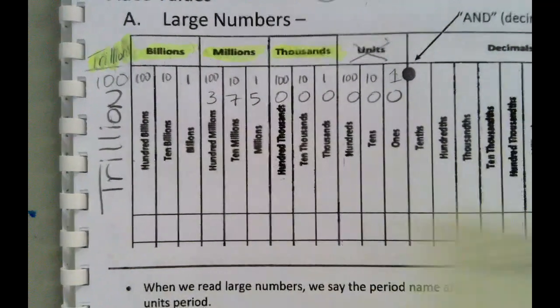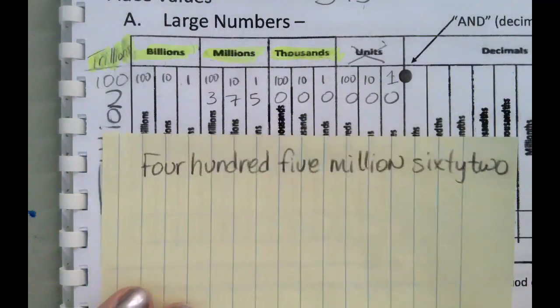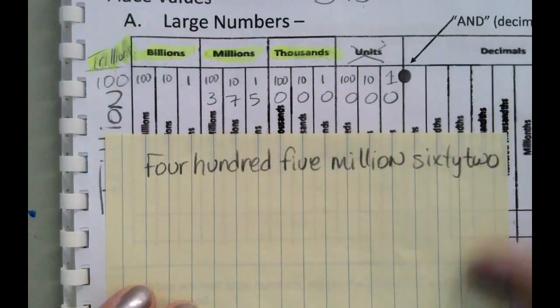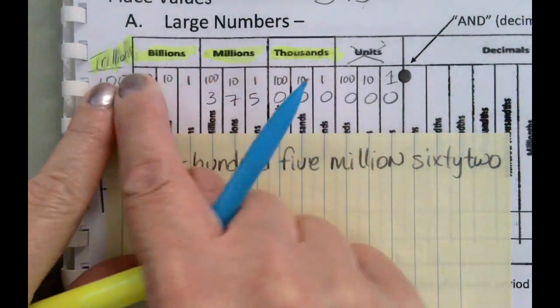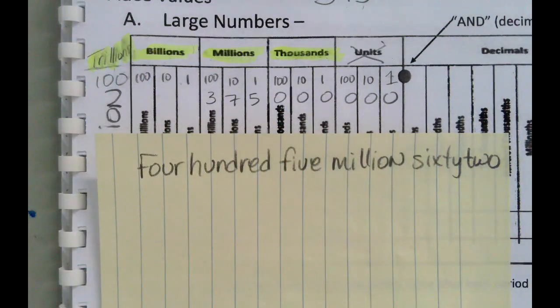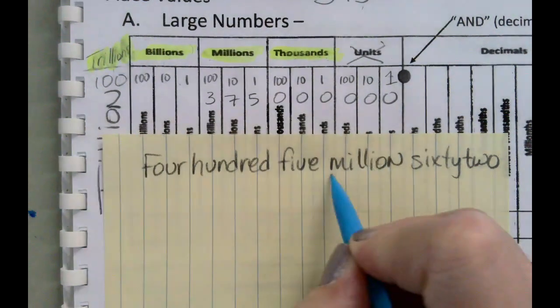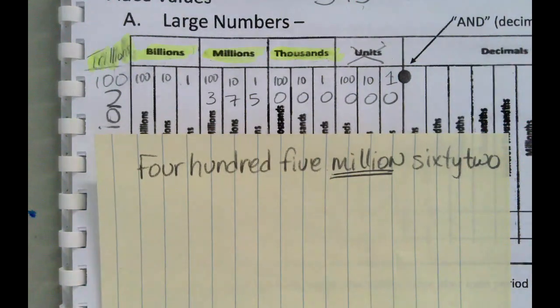All right? So now, let's look at this number. You don't have to write this one down because I've got some more examples later on. There are 4 key words. Do I have any key words in that number? Yeah, I have one right here. I'm going to underline it. 100 is not one of them.